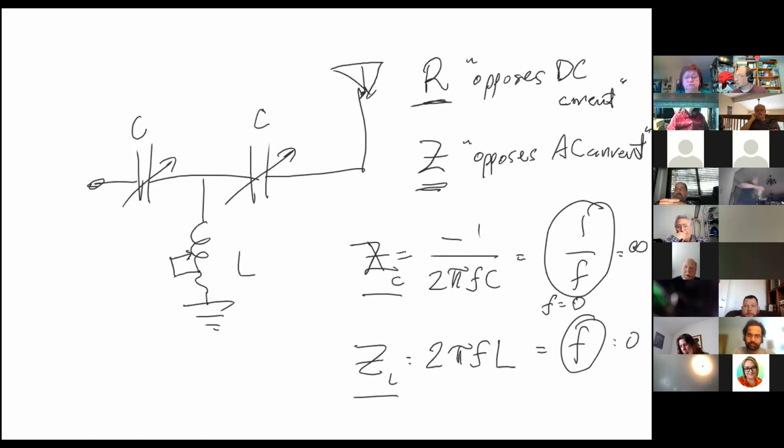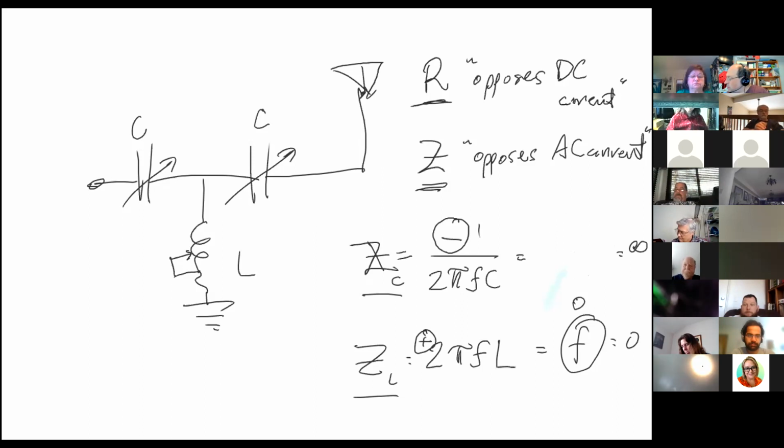It's 0. Okay, so as these go up and down, notice that they also have opposite signs. Notice there's a negative sign. There's no negative sign down here on the bottom. There's actually a positive sign. So at some point, what you're going to find is that these are equal and opposite.